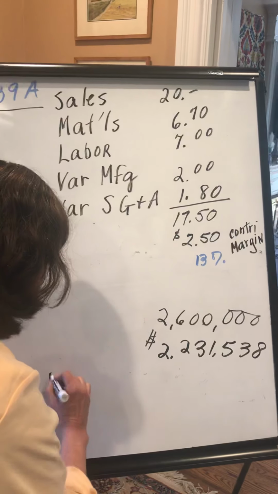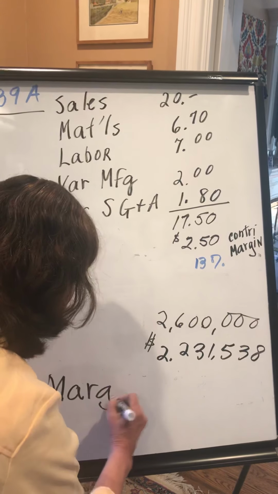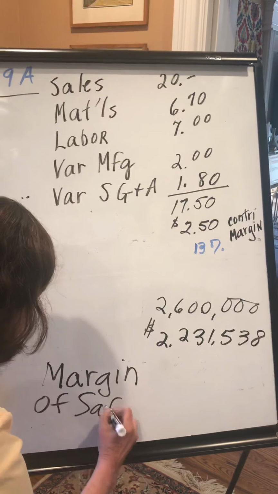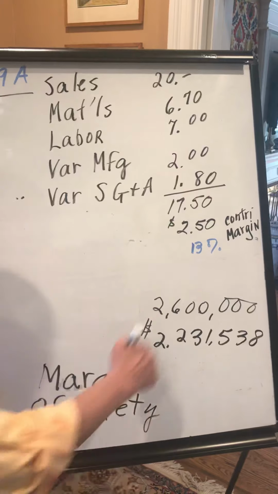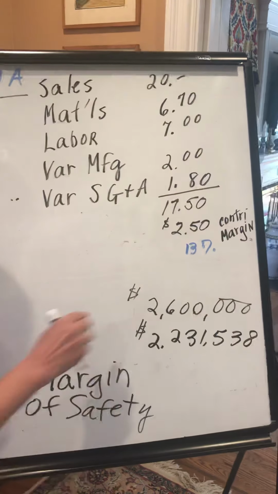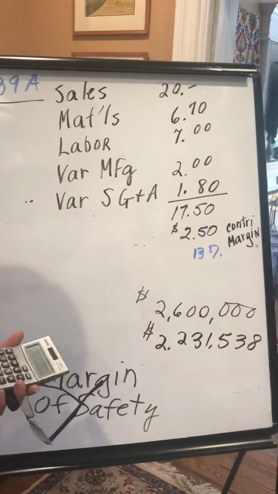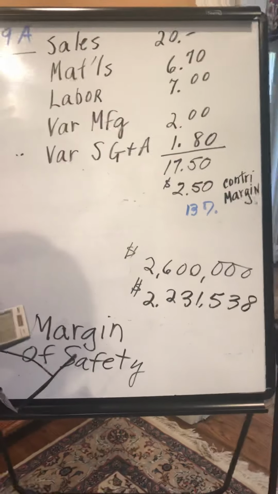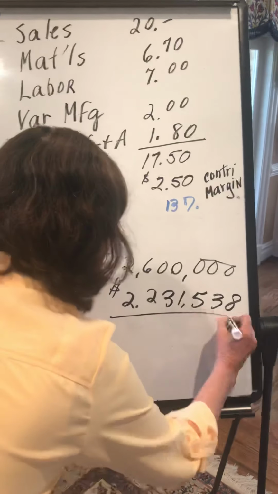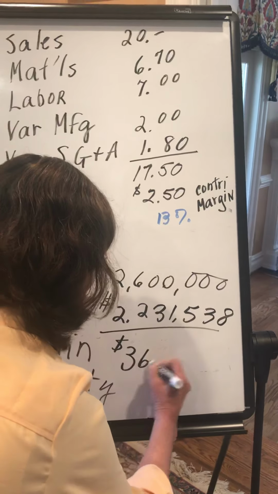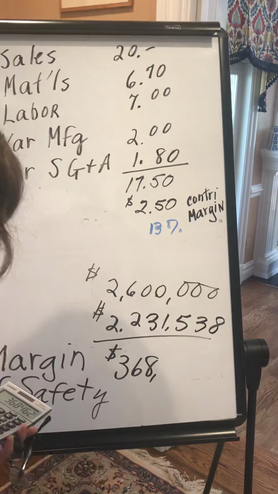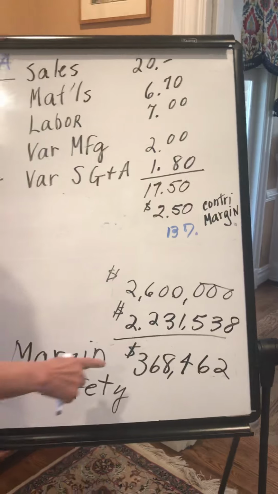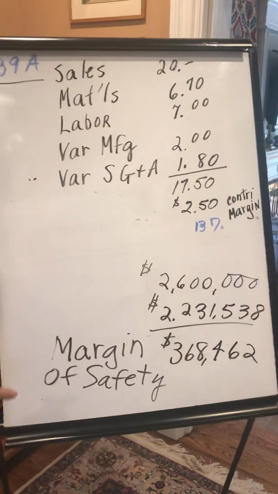So their margin of safety is the difference between the $2,600,000 and the $2,231,538, which is $368,462. That is their margin of safety in dollars.